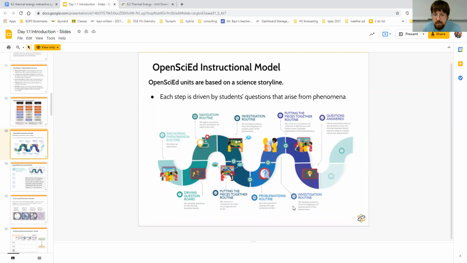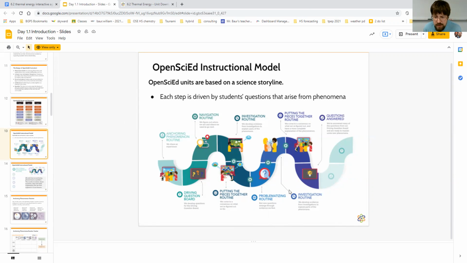In the instructional model, you're following a storyline, and there are routines that appear in each of the units. This video is going to focus on the anchoring phenomena. In the second video, we'll talk about the navigation routine and how you go from one lesson to the next.